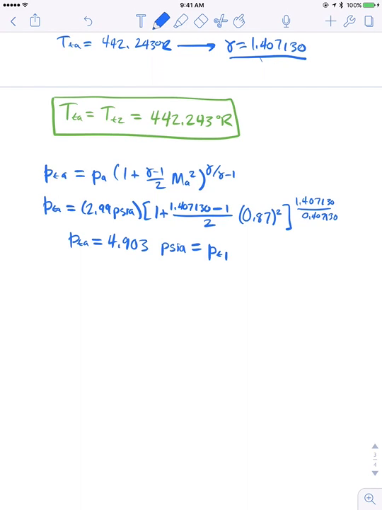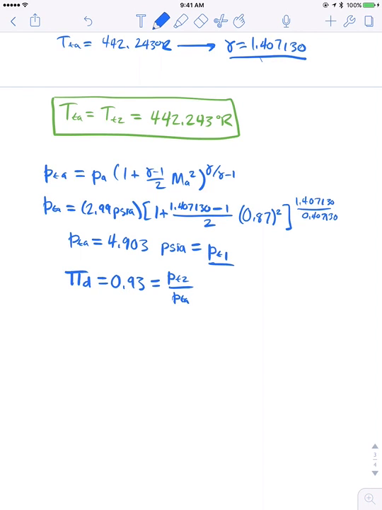And next up, we will want to solve the total pressure at the back of our diffuser, where we will have some total pressure loss due to friction effects. So we were given that our diffuser pressure ratio, pi d, is equal to 0.93, which is equal to PT2 over PTA. This is our overall diffuser pressure ratio.